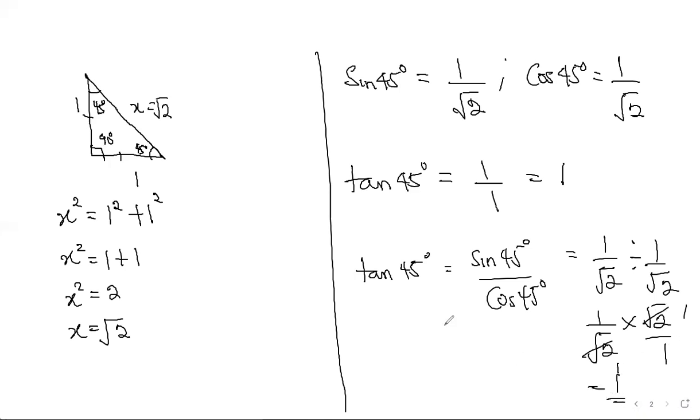So that's how you get the sine, cosine, and tangent of angles 30, 60, and 45 degrees. If you are working with trigonometric ratios of acute angles and you have to leave your answers in short form, you apply these.